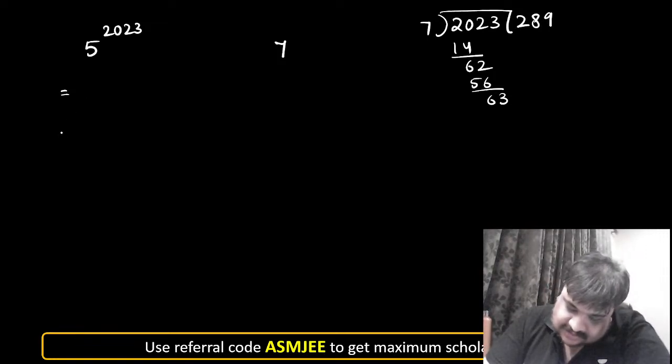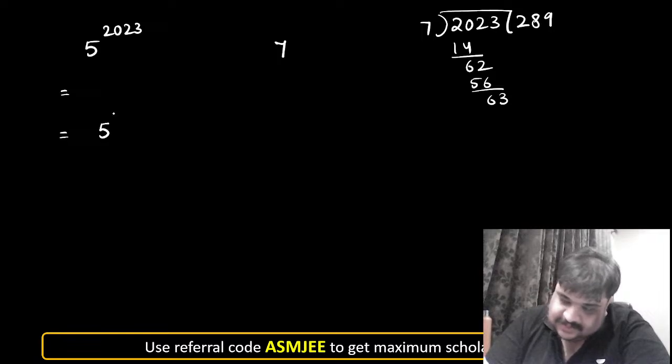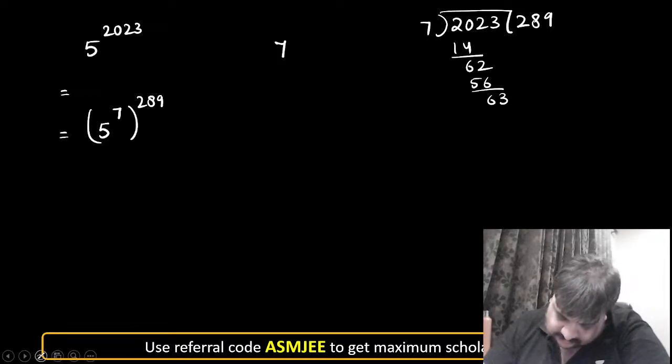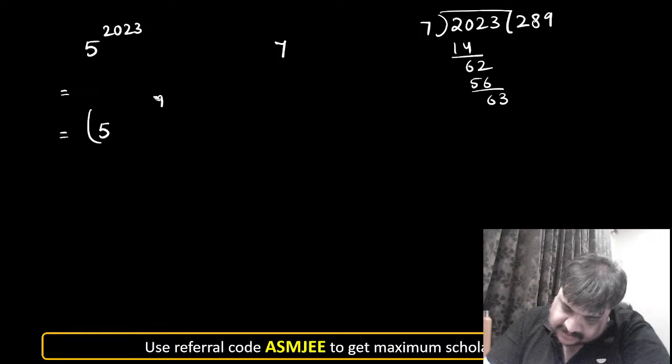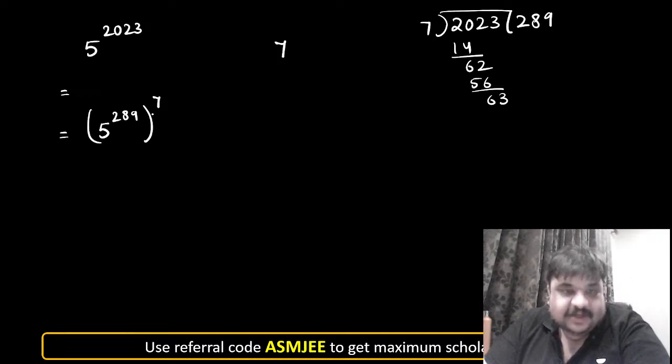So it is 5 raised to the power 7 times 289, so 5 raised to the power 289 to the power 7, divided by 7.